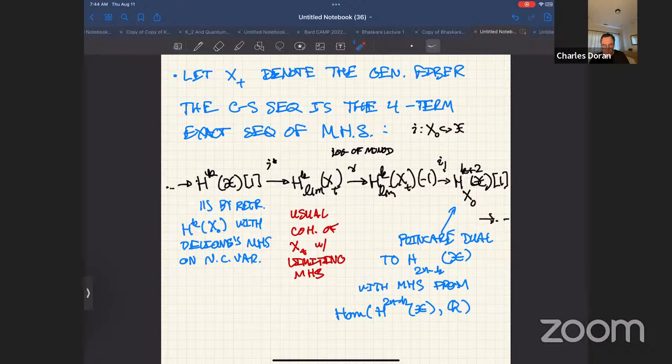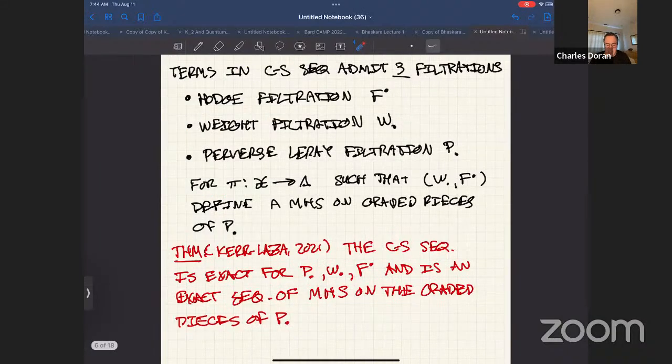And that's also defined in a way that involves chopping things up, but I won't go into details on that. This one here is Poincaré dual to H^(2m-k) of X, and that gets a mixed Hodge structure from Hom of H^(2m-k) of X to Q. So everything gets a mixed Hodge structure on it, and you have to do a little Tate twisting for that, and you have to tune the degrees to the perversity.